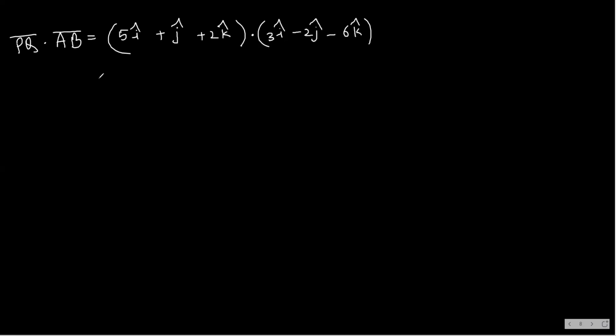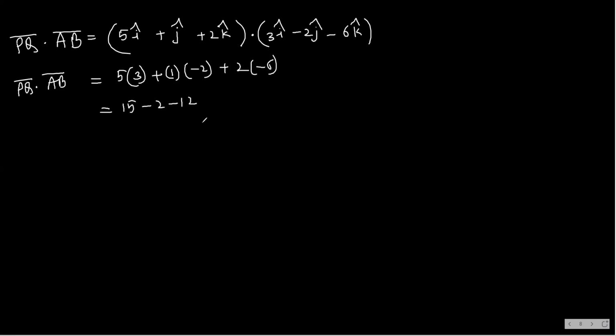So we will get the dot product PQ bar dot AB bar equals 5 into 3 plus 1 into minus 2 plus 2 into minus 6. That is 15 minus 2 minus 12, which is equal to 1. So PQ bar dot AB bar equals 1. This is number 2.